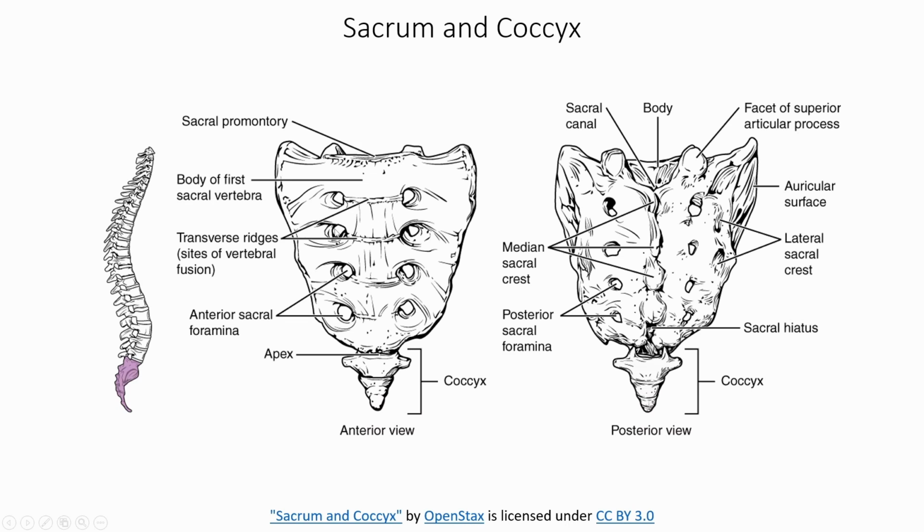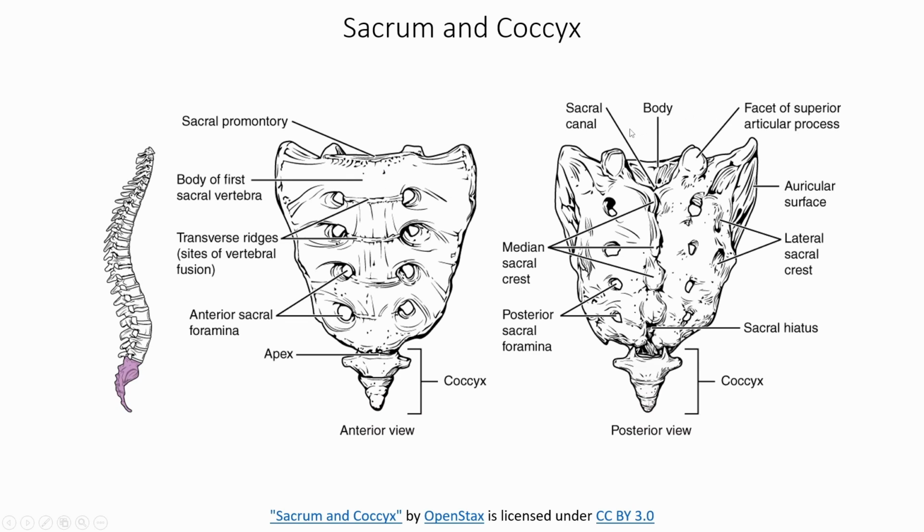Even though it's fused together, we still do have some holes. These are the sacral foramina, the sacral holes. We see them on both the anterior and the posterior side, and they're named for which direction they're facing when you're looking at them. We have the sacral promontory, where the lumbar region connects to the sacrum.